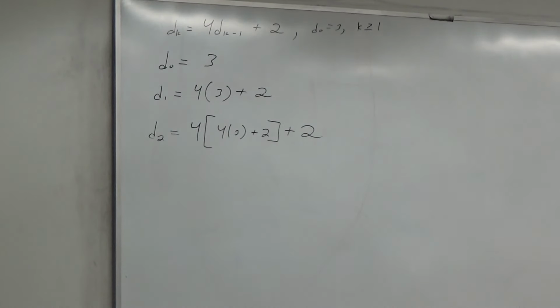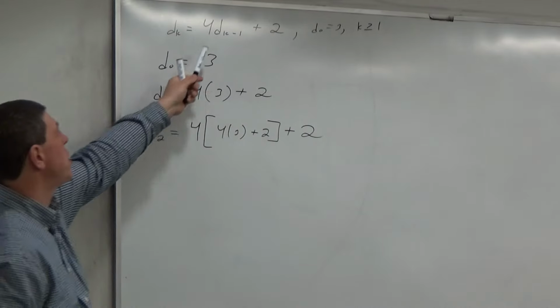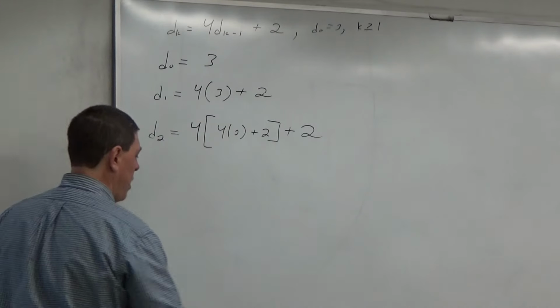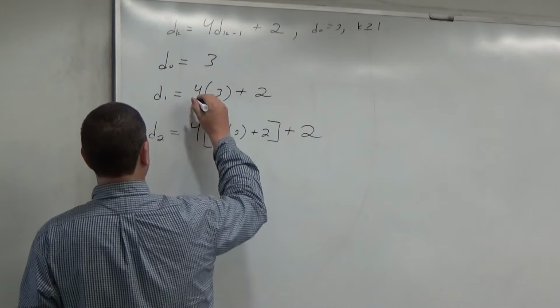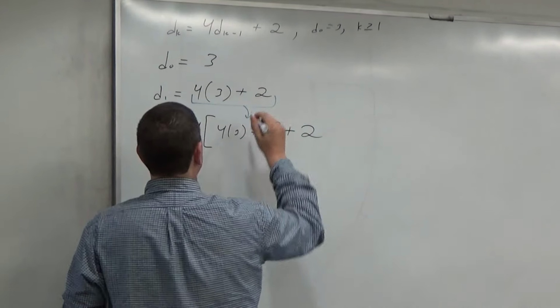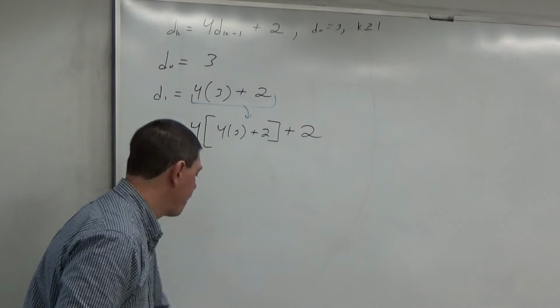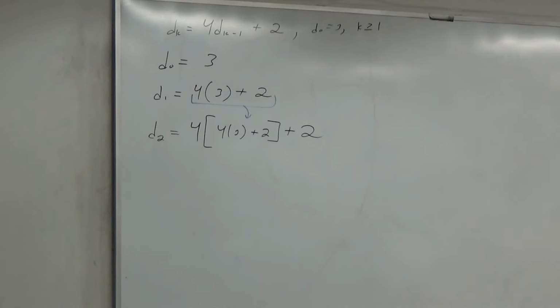Does everybody see what we're doing here? All we're doing is plugging the previous instance back in whenever we see a d sub k minus 1. So this guy right here, that's substituted in there.